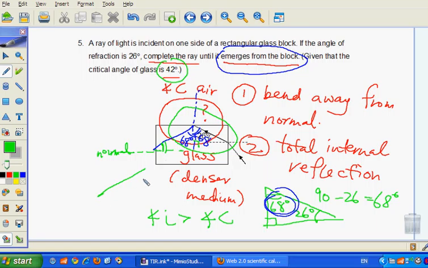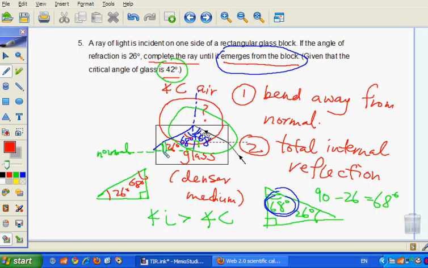Can we draw the right angle triangle on the left hand side? So this is my right angle, and this is my 68 degrees, and this is my 26 degrees. This is my new 26 degrees, which is the angle of incidence to the surrounding.